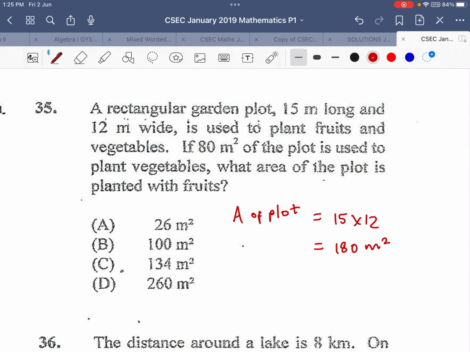Right, so if 80 meters squared out of this 180 meters squared is used for planting vegetables, then the rest has to be used for planting fruits. So the area used for fruits would be 180 minus 80, which is 100 meters squared.